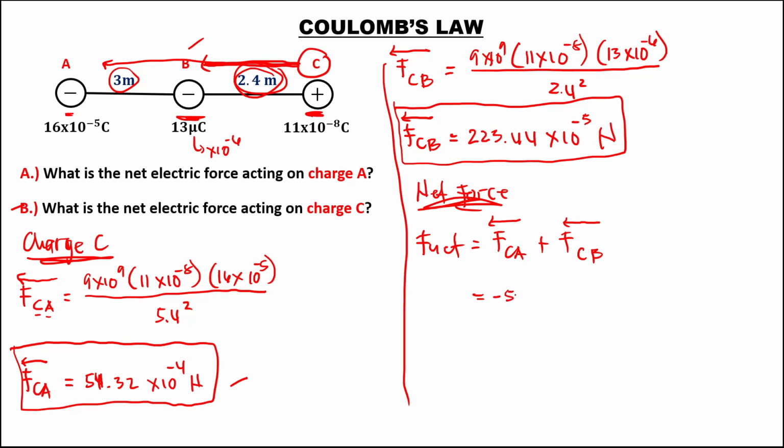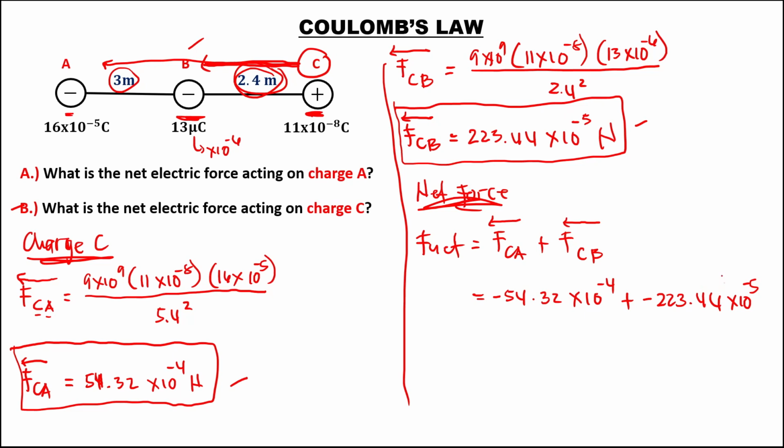So negative 54.32, then times 10 to the power negative 4, then plus. This one is also to the left, so this becomes negative. So this is also negative 223.44, then times 10 to the power negative 5.